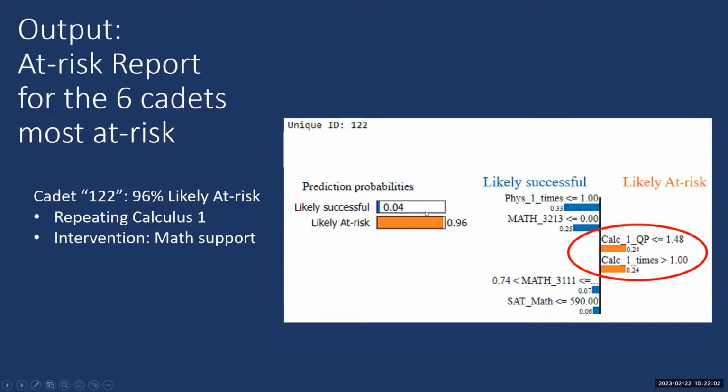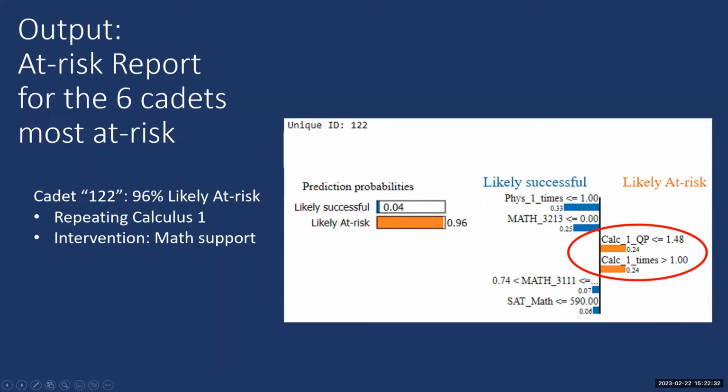And so when I have the model have Lime do an explainer, it puts out their at-risk probability, and also we can see a little graphic over here that ranks where things are in terms of their significance. This particular cadet has some high predictors of likely success. It's their first time taking Physics 1.